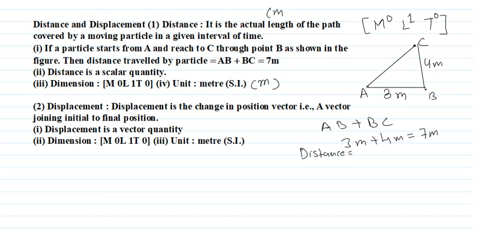Now, the next term is displacement. Displacement is distance along with a direction. So basically it is length with a direction. That's why it is a vector quantity. It is a length, so the dimension will be the same as distance, M0 L1 T0, and the SI unit will be the same because the unit only describes the magnitude, so meters, denoted as small letter m.